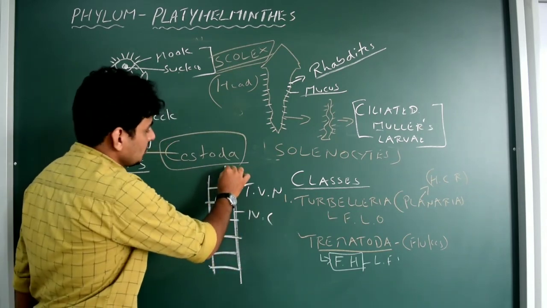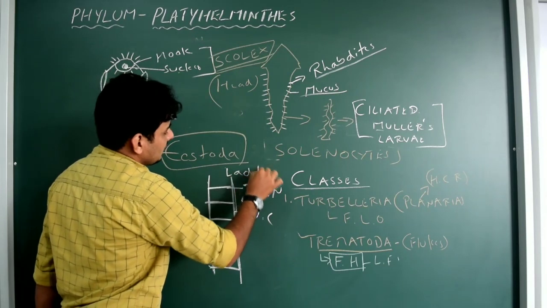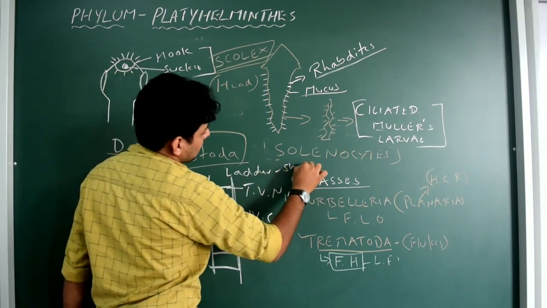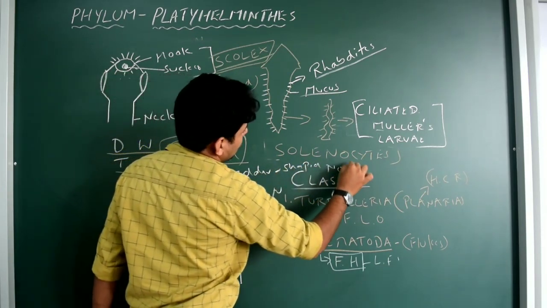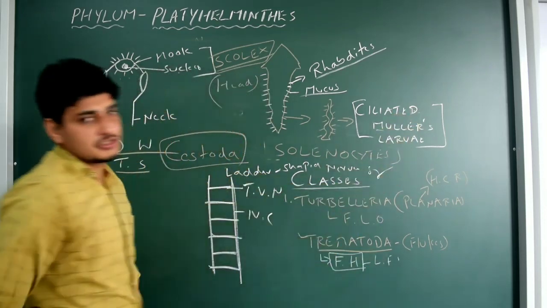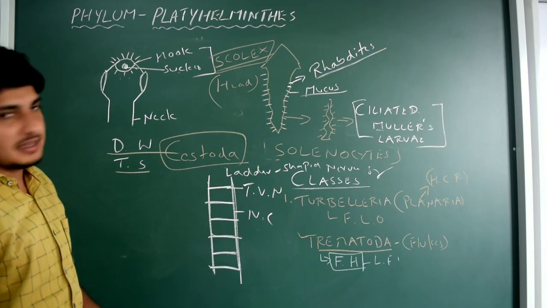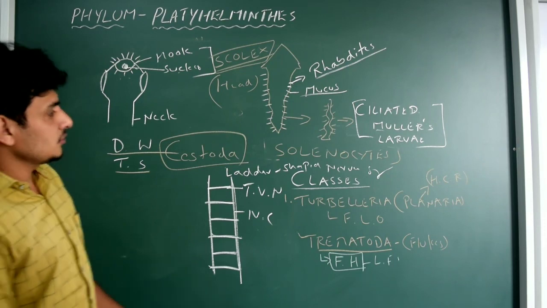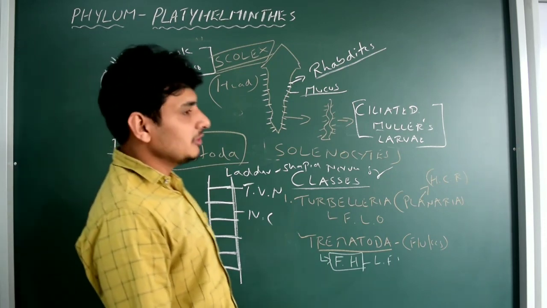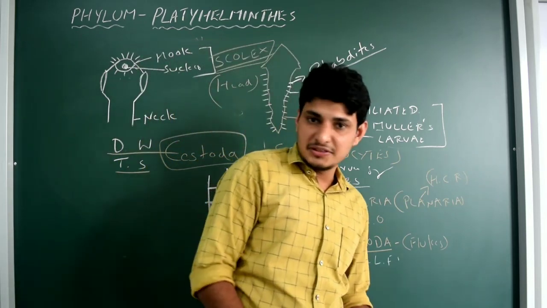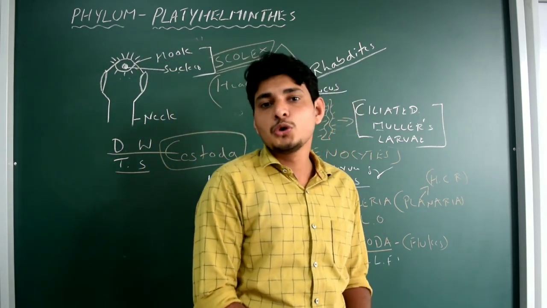Okay, so ladder shaped nervous system. Note this. You may get a question. Ladder shaped nervous system is seen in platyhelminthes. Done? Okay then. So we have done with the phylum Platyhelminthes. Next phylum is Aschelminthes. That is, they are pseudocoelomates.